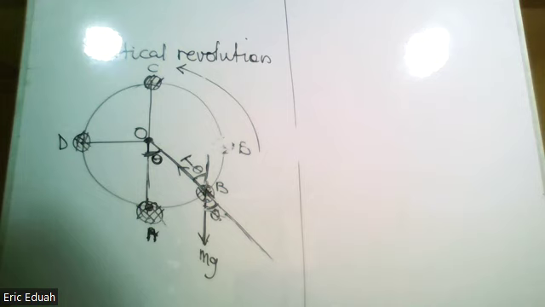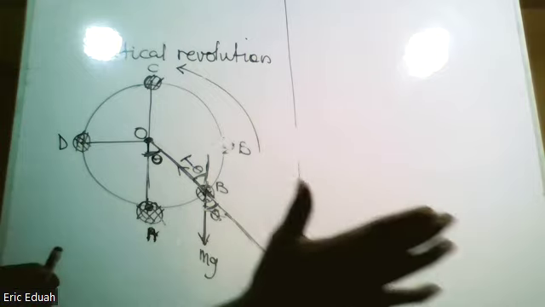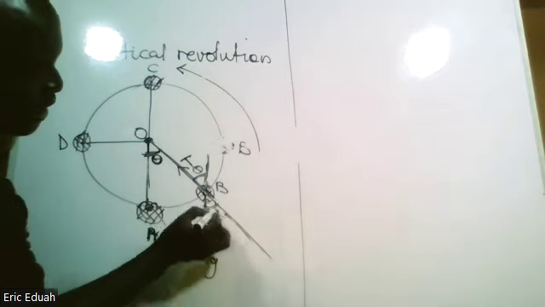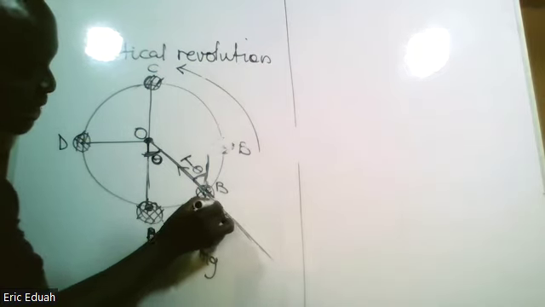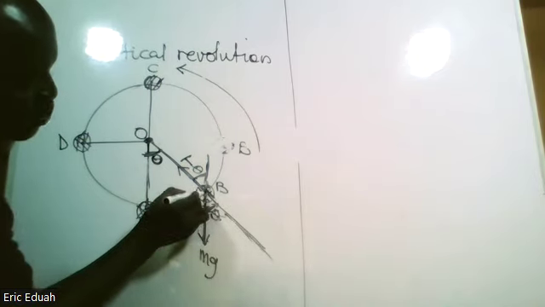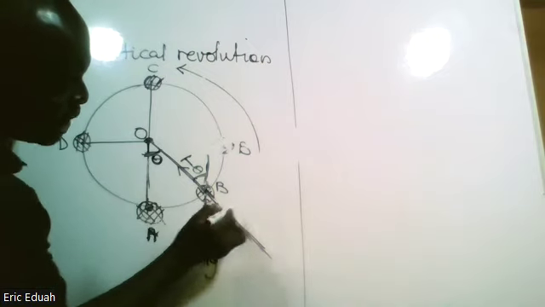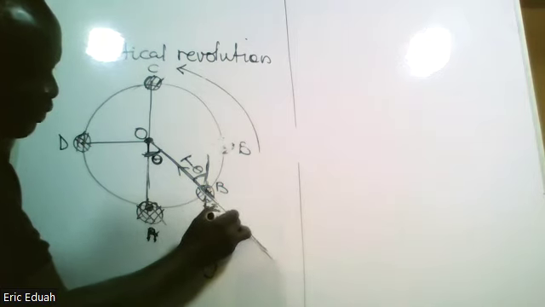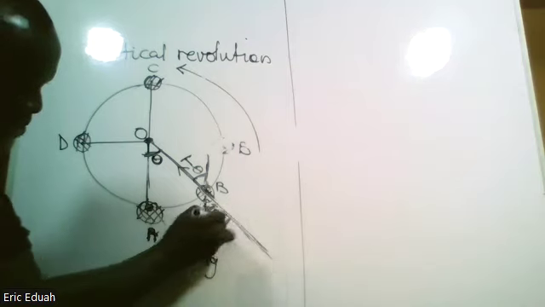Now, what is the adjacent? The adjacent of a right angle triangle is that side of it which is just close to the angle. So if we look at this angle theta, if I want to measure the magnitude of this angle, how would I measure it? I'll place my protractor 0 point or 90 point here and make sure that the horizontal lies here. And then we'll read from 0 up in this direction to determine this angle theta.